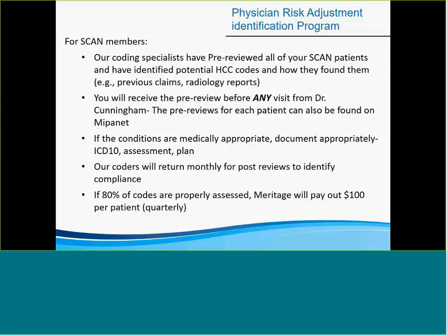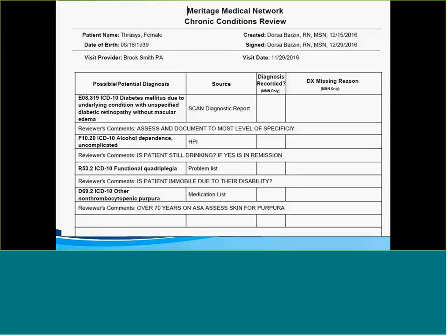If you hit 80% of the codes, Meritage will pay the organization $100 per patient. We'll pay it out quarterly when we're on time. Okay, what you'll get, and it looks a little confusing, you get the name of the person, obviously. You'll get the PA or NP who went out to the patient's house or did a review, and you'll get potential diagnoses. So, diagnosis here, diabetes mellitus, and the source of that would be a diagnostic report we got from SCAN.